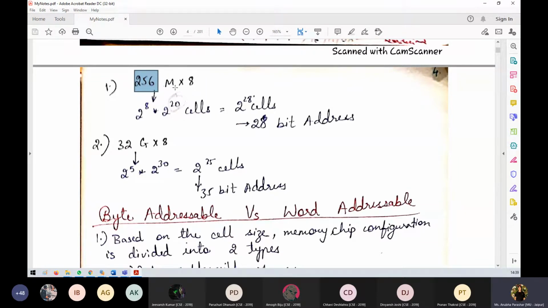So it is 256 megabits. 256 can be written as 2 raised to the power 8, and mega means 2 raised to the power 20. So it becomes 2 raised to the power 28 cells of memory, which is similar to a 28-bit address space. That is how you can calculate the size of memory.